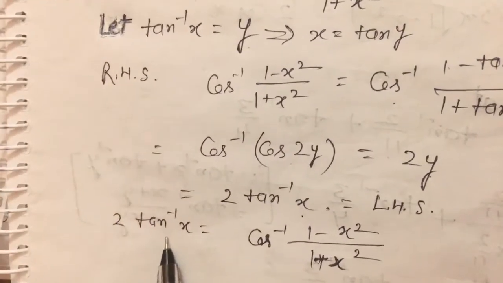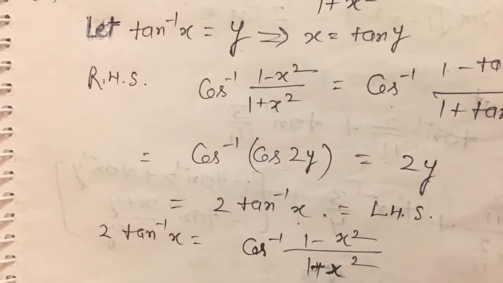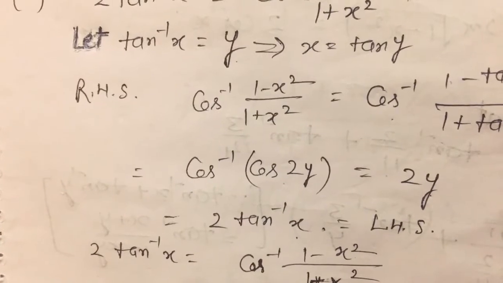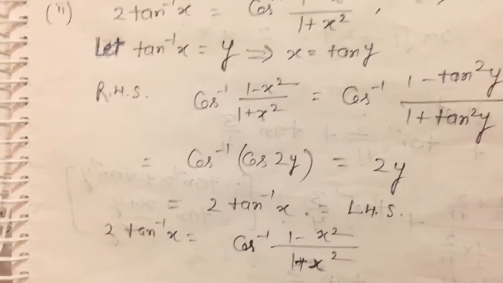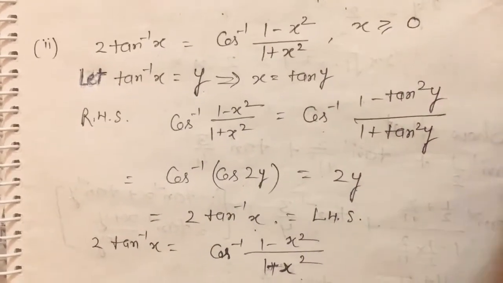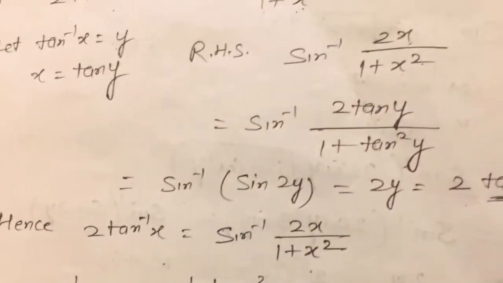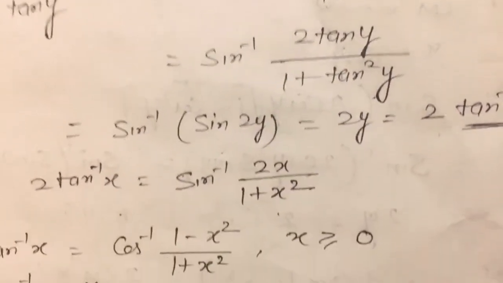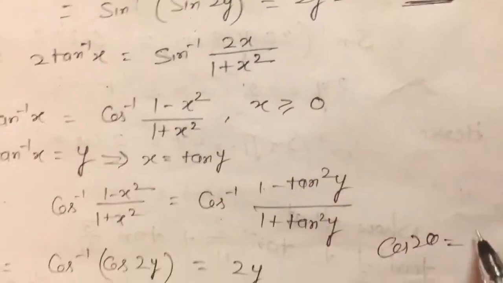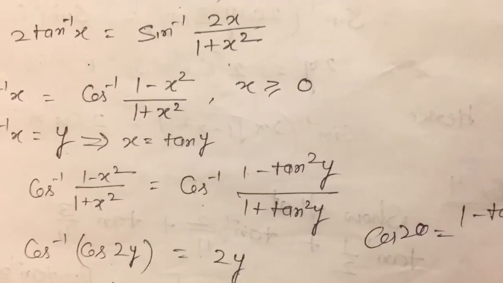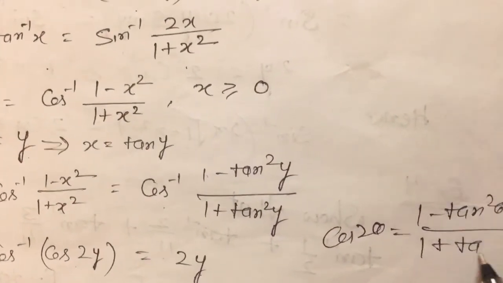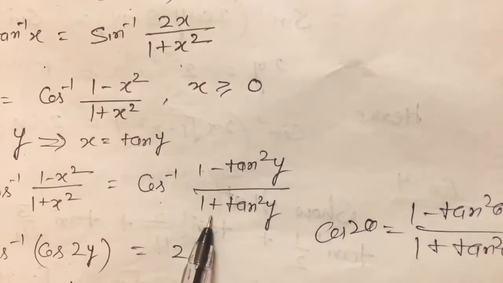Hence 2 tangent inverse x is equal to cos inverse 1 minus x square upon 1 plus x square. Okay. In trigonometry we read about 3 formulae: sin 2 theta in the form of tangent, and cos 2 theta in the form of tangent, 1 minus tangent square theta upon 1 plus tangent square theta. So the same formula we have applied here.